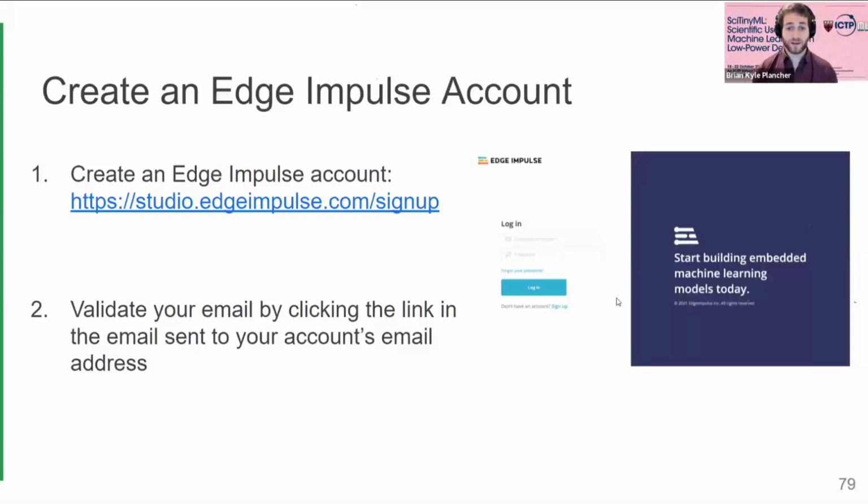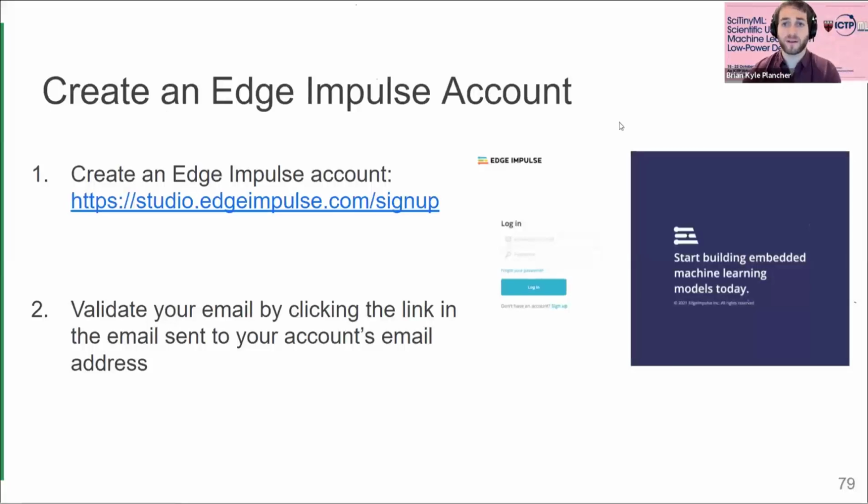We're not going to do anything crazy today, so the free account should work great. I know there are other upgrades if you want to do other things in the future, but the free account should work well for today. Sebastian already put the link in the chat. Thank you, Sebastian. I'm going to keep moving a little bit, but if you have to create your account, grab that link out of the chat and do that.